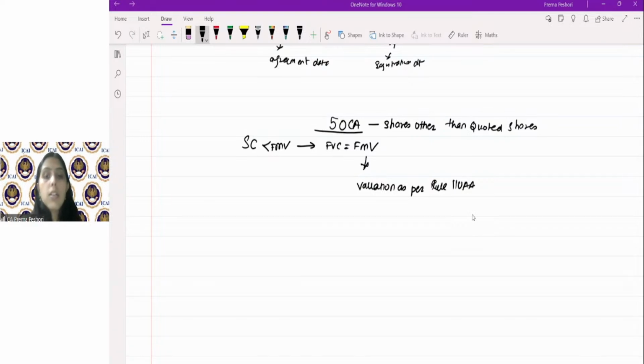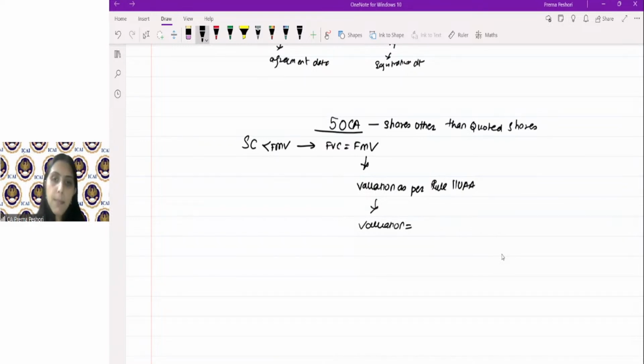Okay. So what is the valuation for unquoted equity shares? So what you did for the slump sale, it is more or less in relation to that only.